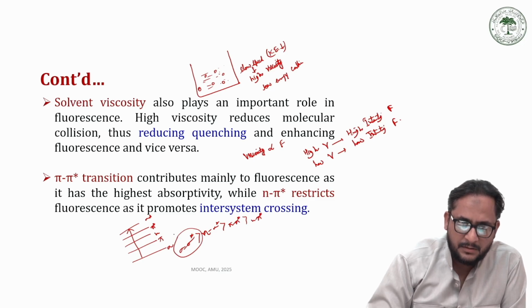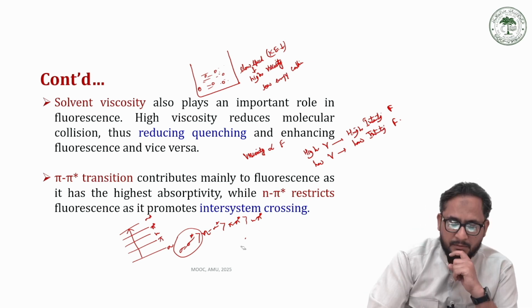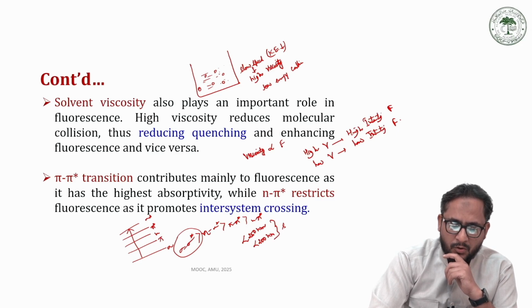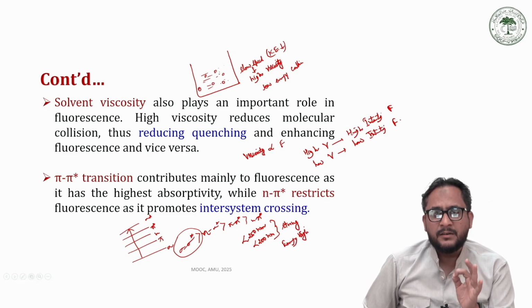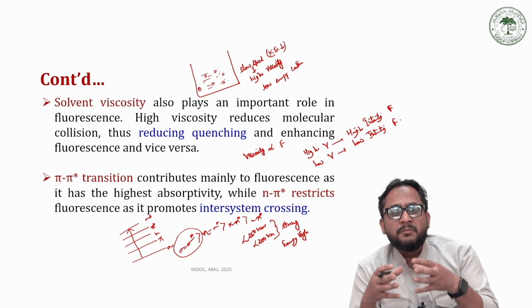The sigma to sigma star transition requires the largest amount of energy, and I explained in the previous lectures that light radiation with a wavelength lesser than 250 nanometers, or even lesser than 200 nanometers, is very strong, meaning its energy is high, and this energy is high enough to cause breaking of the bond.